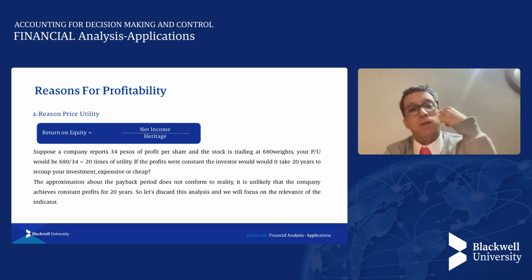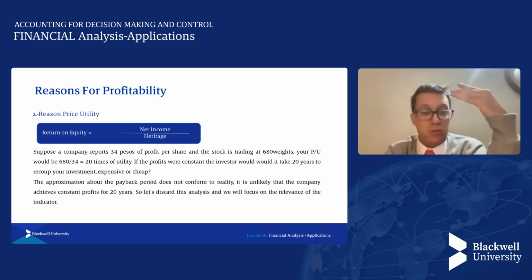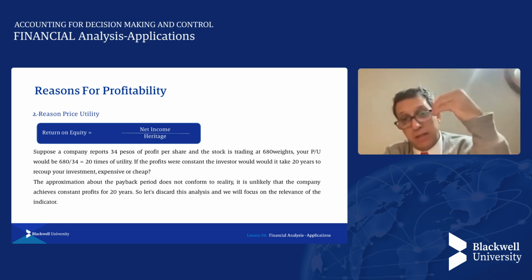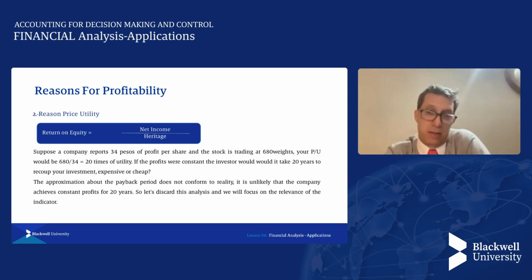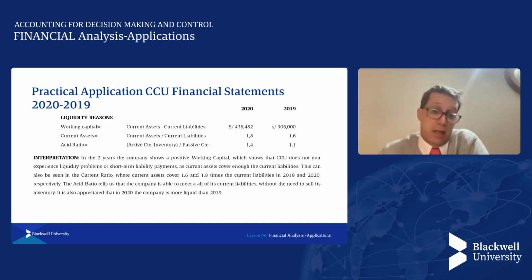As it comes out here, if there is a company whose stock is worth 680 pesos and has earnings per share of 34 pesos, that ratio will be 680 over 34, which is 20 times the earnings. So, it is an indicator that investors tend to look at, even though by itself, of course, it doesn't give me much insight into the attractiveness of the company.